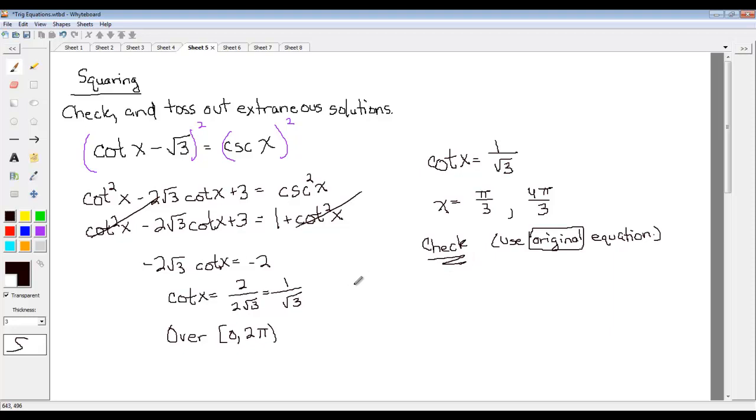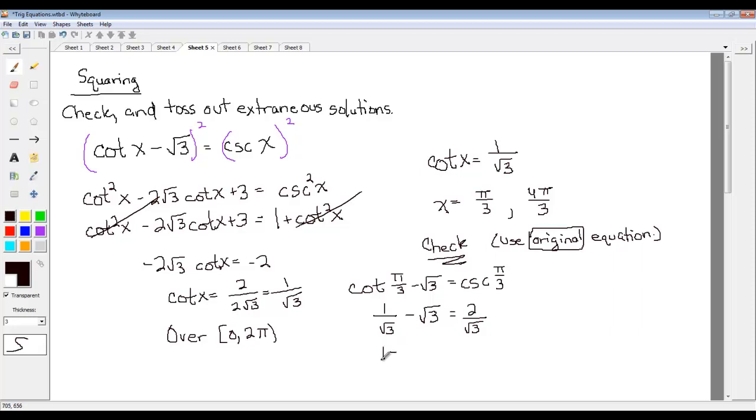First check: cotangent pi over 3 minus square root of 3 equals cosecant pi over 3. Cotangent pi over 3 gives me 1 over the square root of 3, minus square root of 3, equals, and then cosecant, that's 1 over sine, so I get 2 over square root of 3.